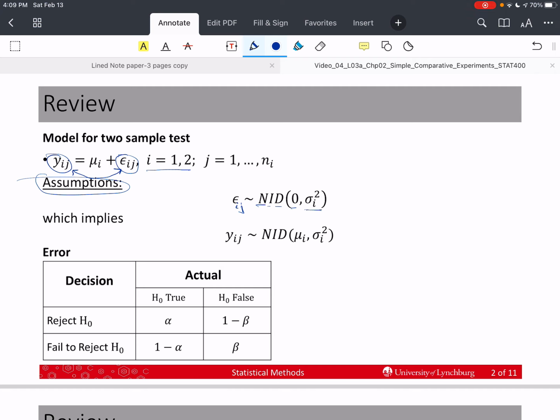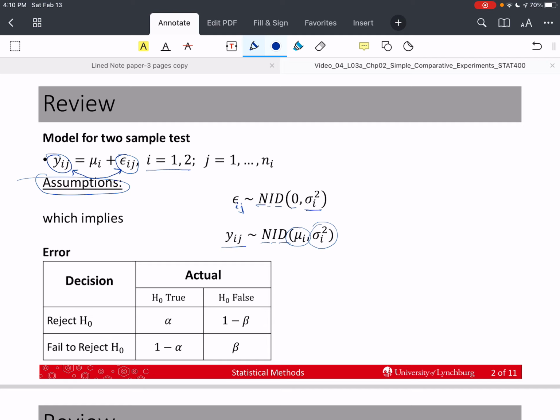So there could be a different variance depending on the treatment level, and that is what this model allows. Now this implies that Yij is normally independently distributed with mean mu sub i and variance sigma sub i squared, and we went over how that was derived last video.